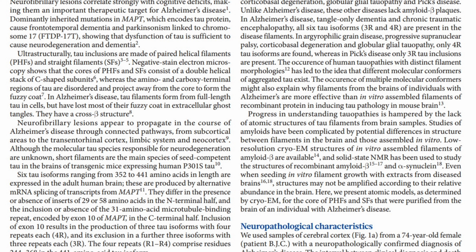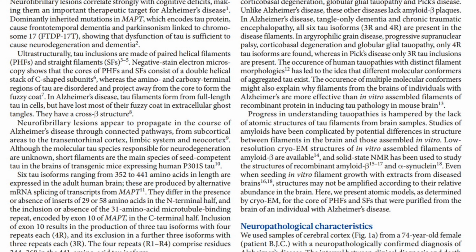Inclusion of exon 10 results in the production of three tau isoforms with 4 repeats each, 4R, and its exclusion in a further three isoforms with 3 repeats each, 3R. The 4 repeats, R1 to R4, comprise residues 244 to 368 in the 441 amino acid tau isoform.